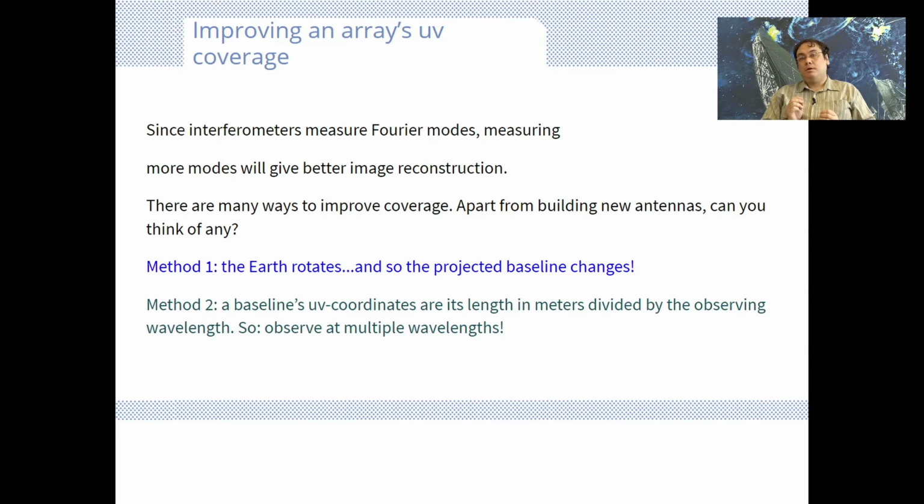Well, remember that in the visibility section, we discussed the fact that the UV coordinates themselves are a function of wavelength, right? So we measure our UV distance in wavelengths. So by observing a larger bandwidth, we can actually increase the number of samples, right? Because it will scale out radially in this space.